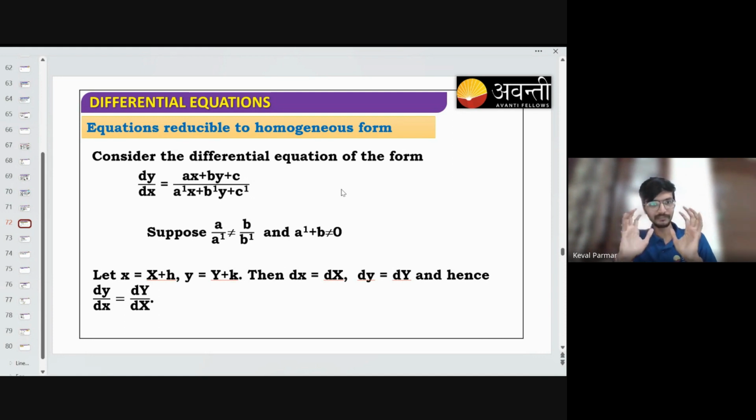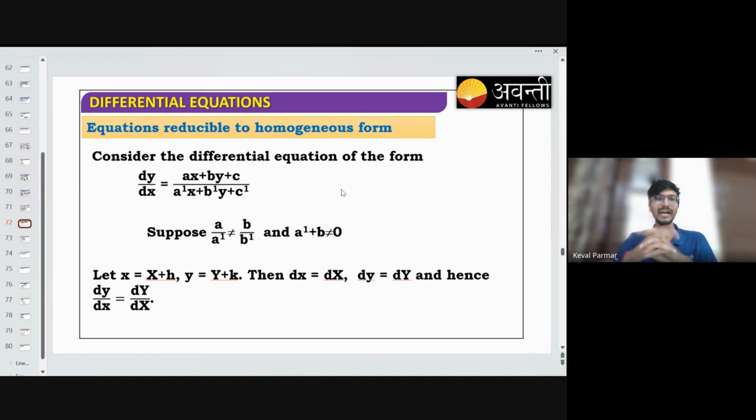If you remember, we did variable separable, then equations reducible to variable separable. Now, same is with homogeneous: equation reducible to homogeneous. And same will be with linear differential equations, equation reducible to linear differential. So, the same pattern is there. Now we are seeing equation reducible to homogeneous form.